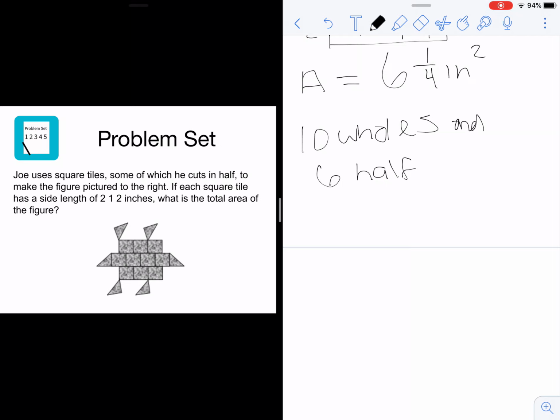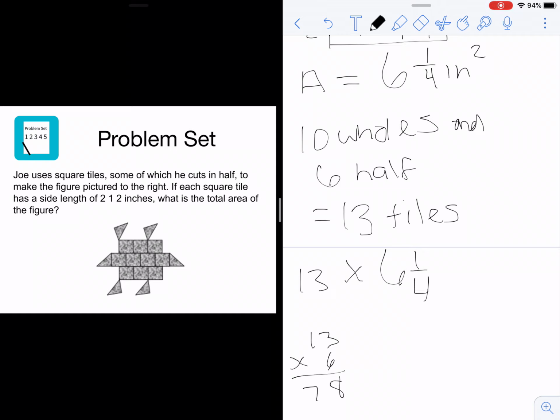We have 10 wholes and we have 6 half tiles, which equals 13 tiles all together, because 6 half tiles make 3 wholes. So this gives us 13 tiles total. So we're going to do 13 times 6 1/4. 13 times 6 is 78. 13 times 1/4 is 13/4, which equals 3 1/4.